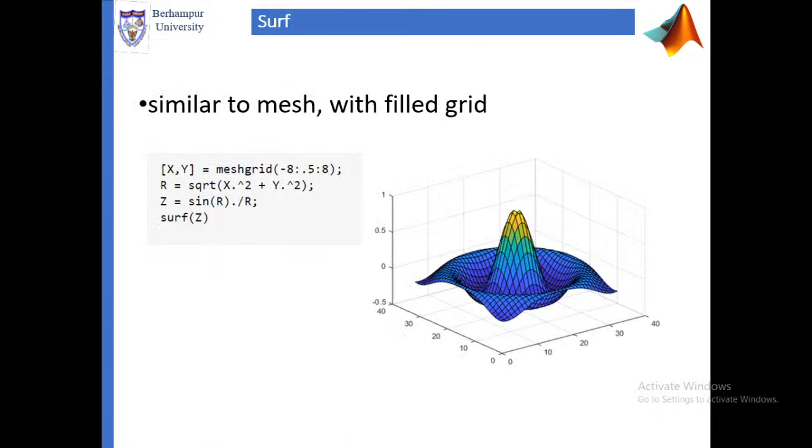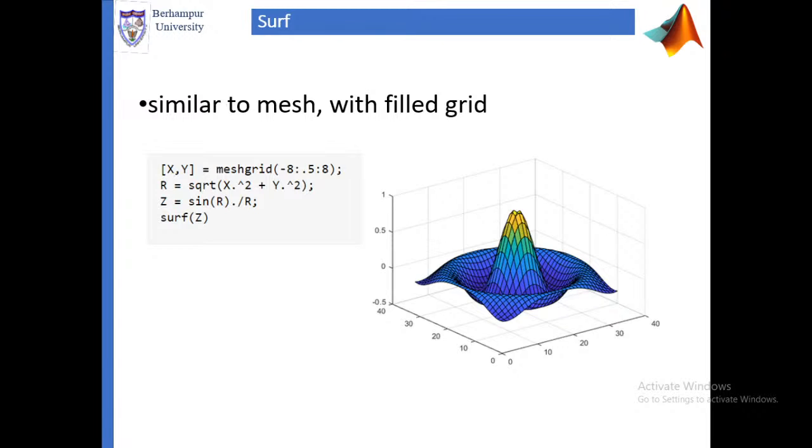The same thing you can do using surf, but here what happens? You get all the mesh, so it is similar to mesh. But in the previous figure, the points were joined by lines. Here, after joining by lines, the space created between the different intersections is filled up.